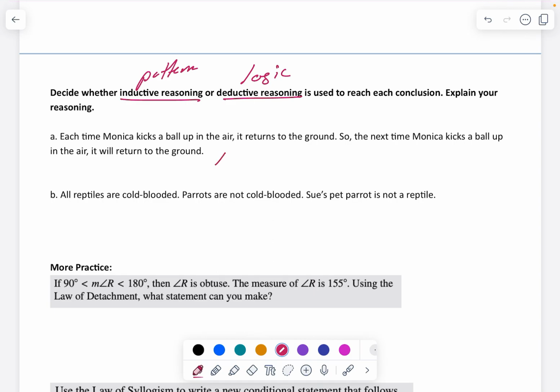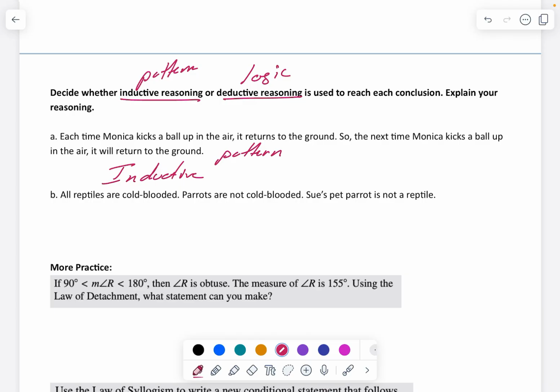So this is like a pattern, right? Like Monica is testing something. Every time she kicks the ball up in the air, it returns to the ground. So every time this happens, this is the pattern. So this would be inductive reasoning.